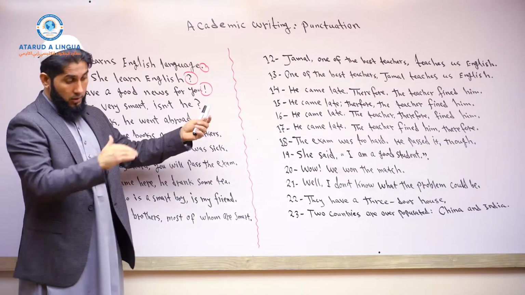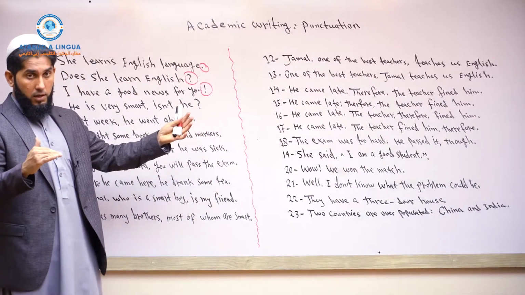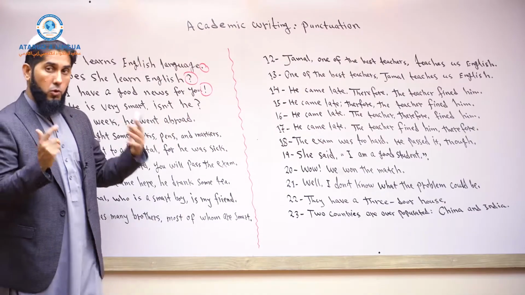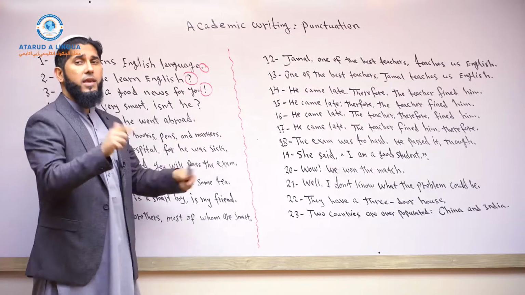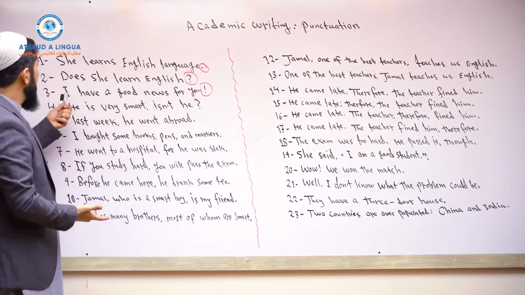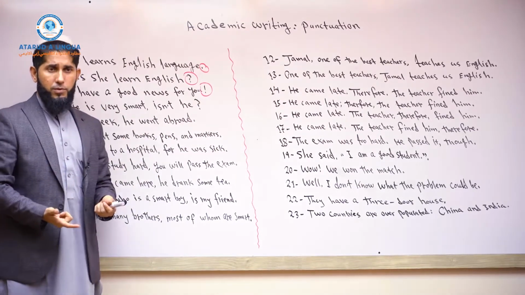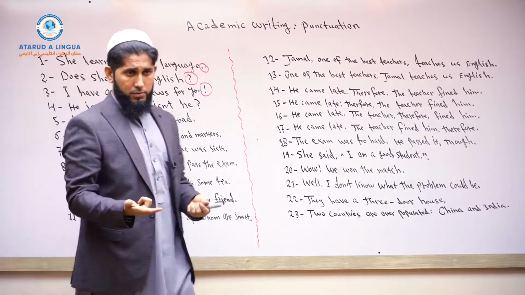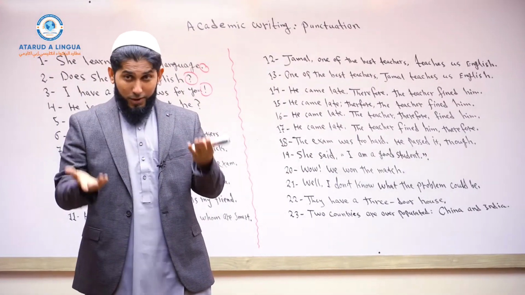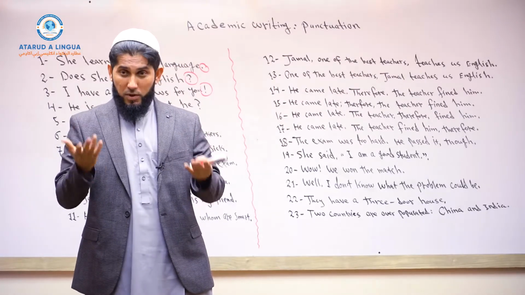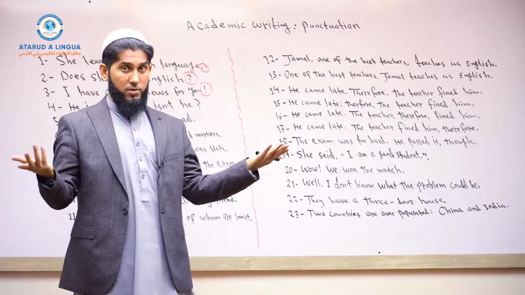Don't forget. As soon as you read a sentence and it gives you a certain feeling, you should know that you need to use exclamation mark at the end of that kind of sentence. So, I have a good news for you. What do you think if I said this to you? Doesn't it give you a kind of certain feeling? Kind of like maybe surprise, maybe kind of excitement, okay?